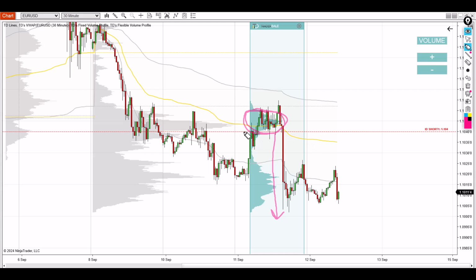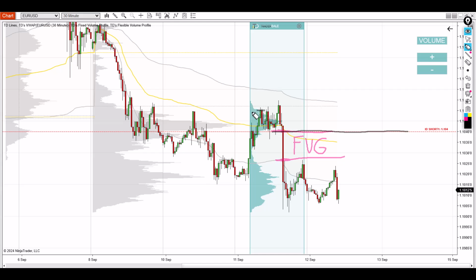The level that I have here is the beginning of that heavy volume zone, and at the same time the beginning of a fair value gap. This is the fair value gap. That's from the smart money concept, and I like to trade from the beginning of the fair value gap, which means from this place.